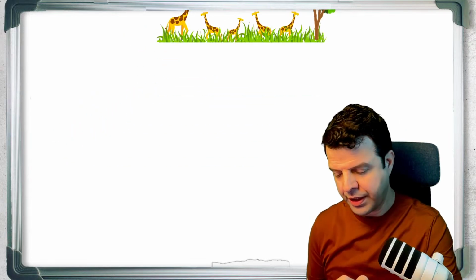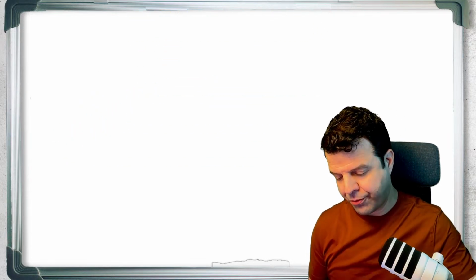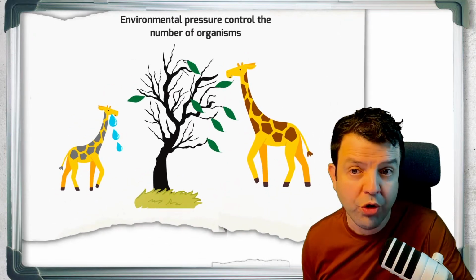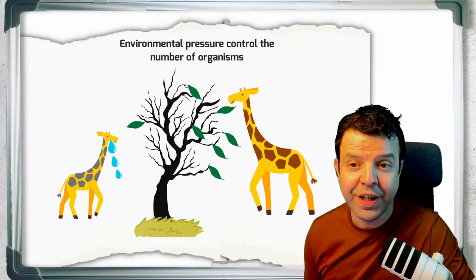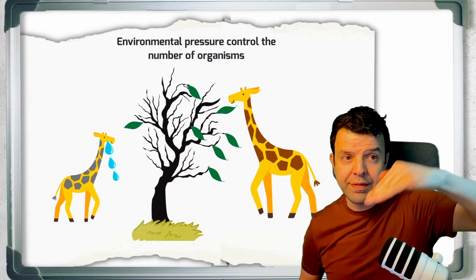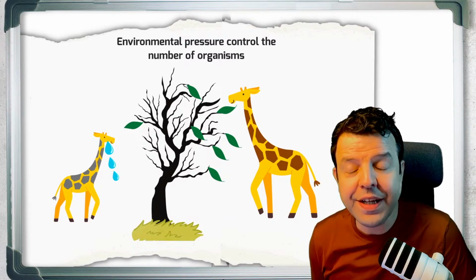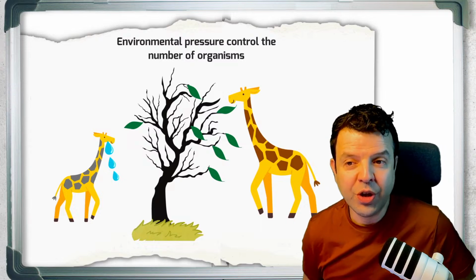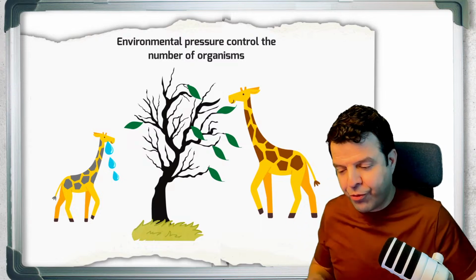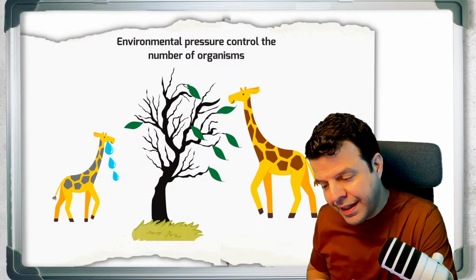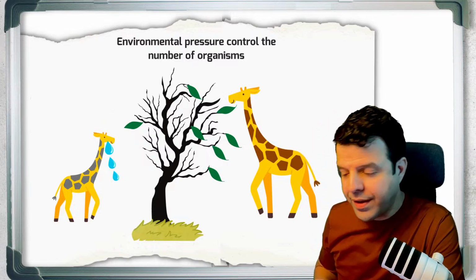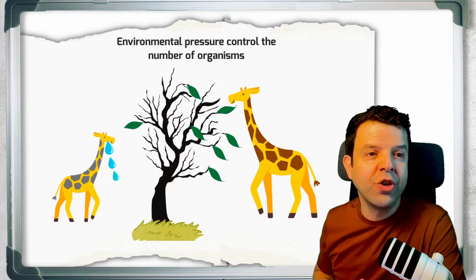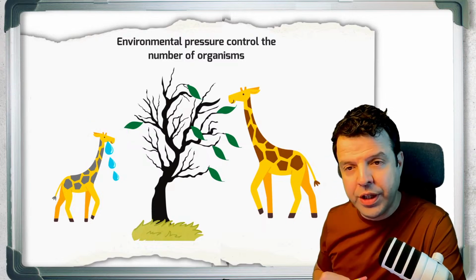For instance, if there was a change in the climate and the food decreased, who do you think is likely to survive that change in the environment? You can tell here that the giraffe with the short neck is struggling. Why is it struggling? Because it can't reach the food on the tree.